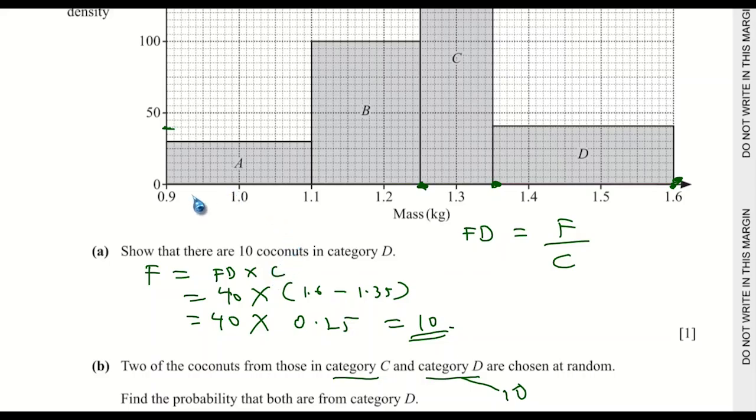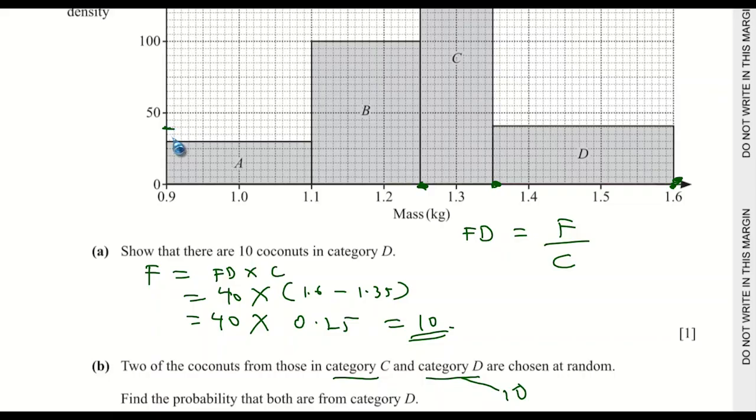For category A, the frequency density is here, and the class size is 1.1 minus 0.9, then multiply by, this line is 5 here, so counting 1 2 3 4 5 6 7 8, that is 40 here.